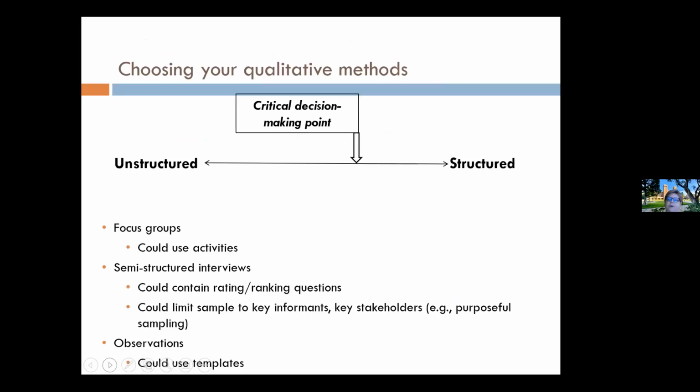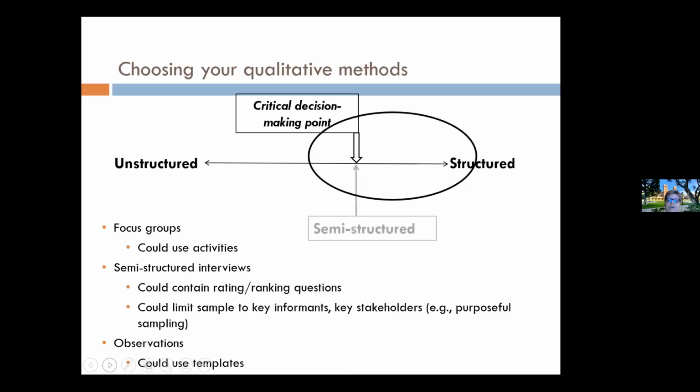Okay, so in terms of choosing methods, this is a pretty important part of how rapid works and also how it doesn't exactly work. If we think about qualitative methods on a spectrum, we have highly unstructured qualitative methods, and we have all the way to structured qualitative methods. All of these are legitimate, important, suitable methods for different types of research questions.